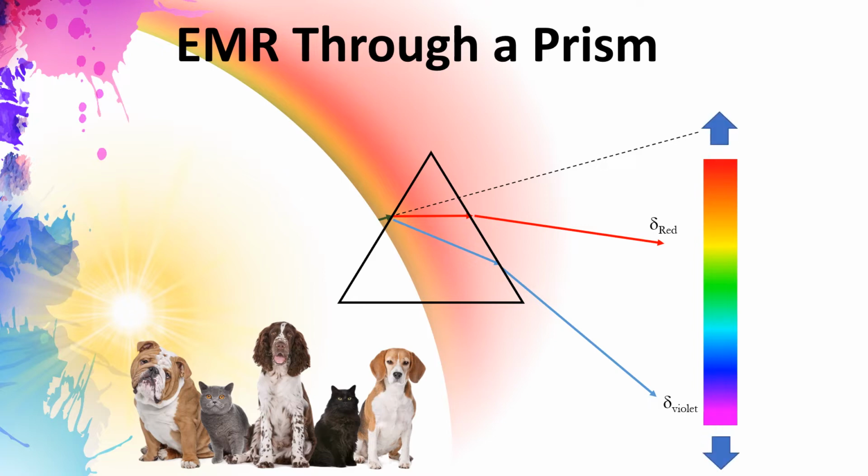Let's take the electromagnetic radiation above red color or below violet color. The radiation above red color we call infrared. That means the electromagnetic radiation which has a frequency less than red color, we call infrared. And the electromagnetic radiation which has a higher frequency than violet color, we call ultraviolet.